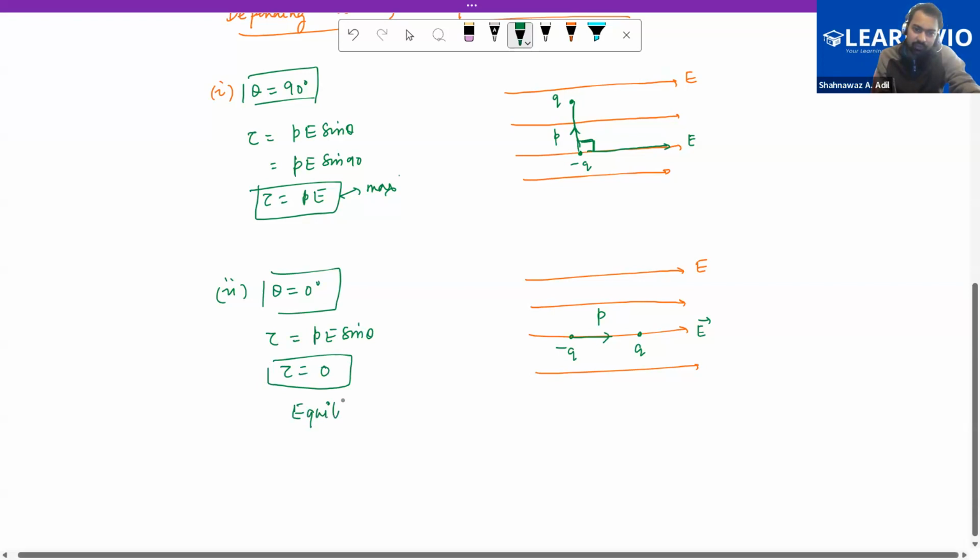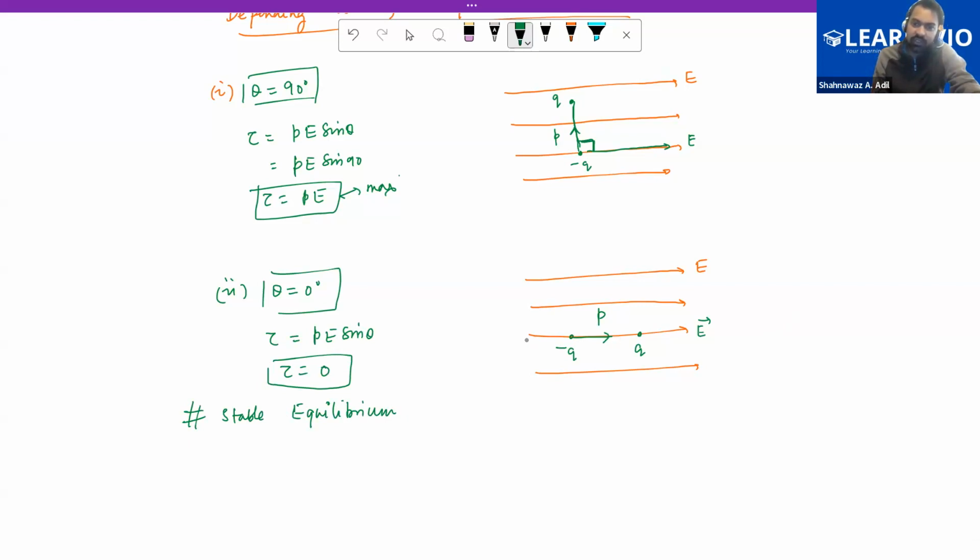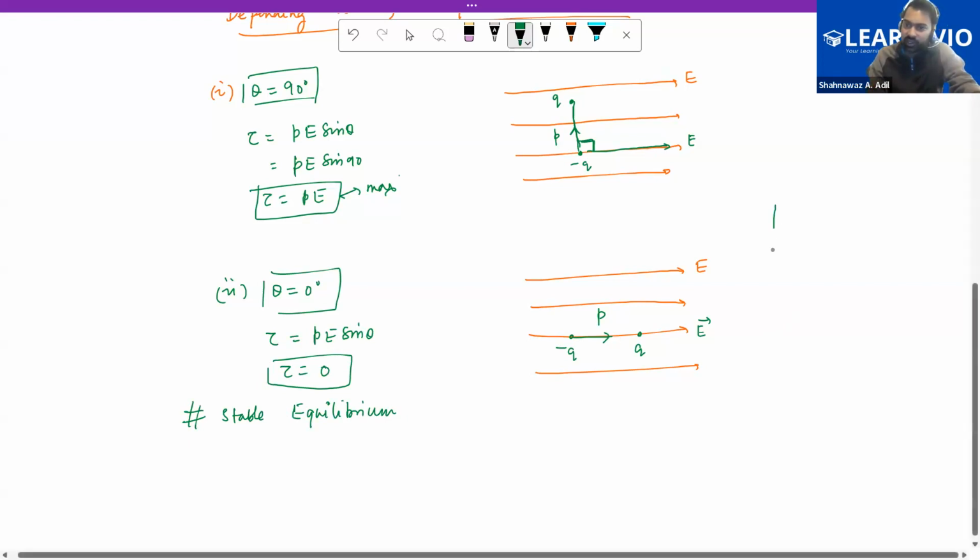But this would be called a stable equilibrium. Why are we calling it a stable equilibrium? Because if we displace this thing, this is the idea of a stable equilibrium.